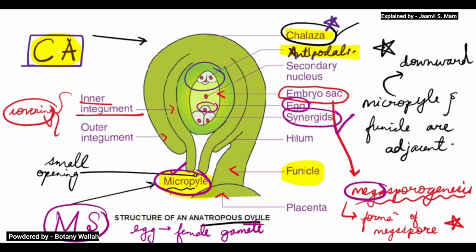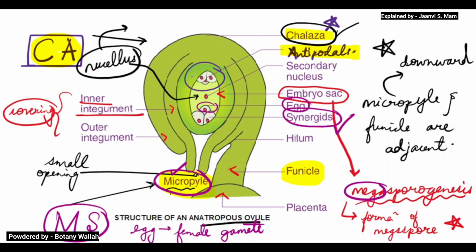If you can see here, this light green structure is known as nucellus, and this nucellus is nutritive in nature. This is a very basic part which I have taken of an anatropous ovule.